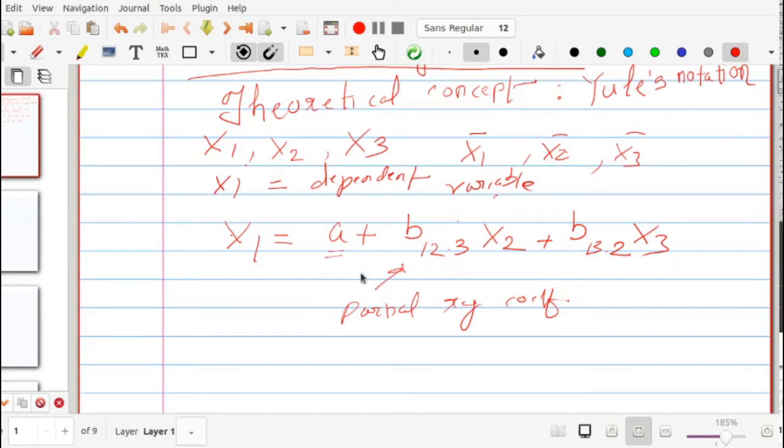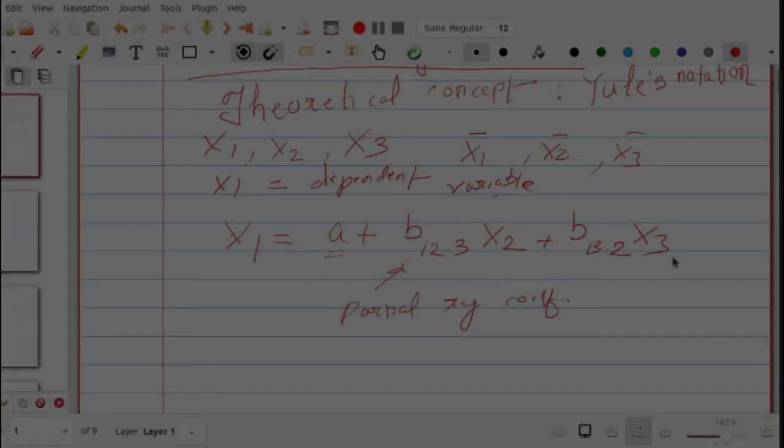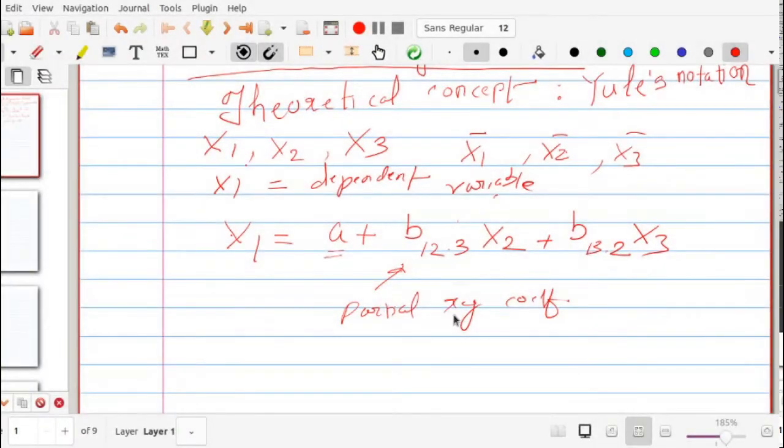So this is the intercept plus the regression of 1 on 2 keeping 3 fixed, and the regression of 1 on 3 keeping 2 fixed. That is how it is related.